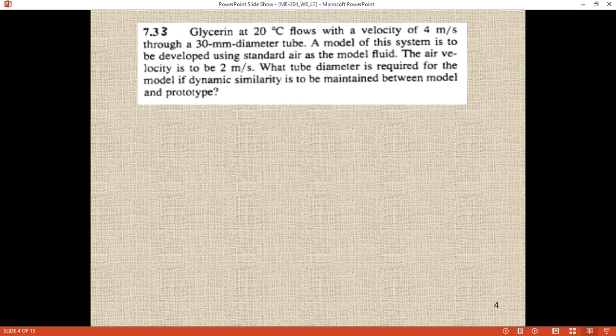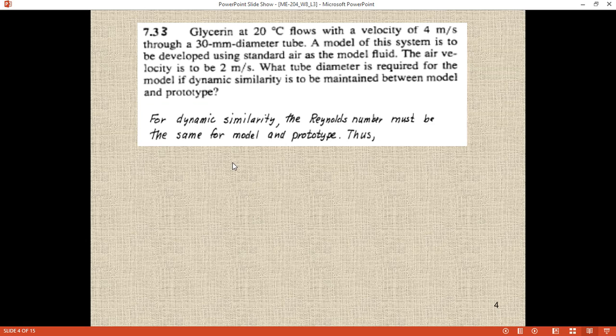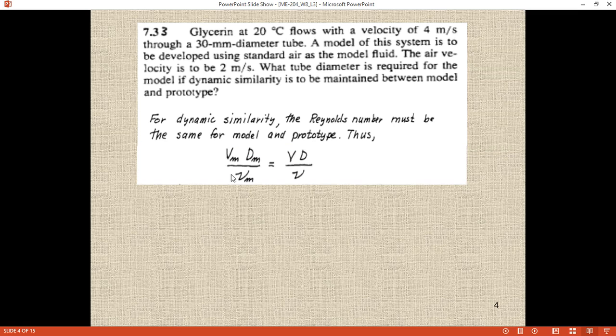Here, for dynamic similarity, the Reynolds number must be the same for model and prototype. This is the Reynolds number for the model, and this is the Reynolds number for the prototype, and this is the Reynolds number in the form of kinematic viscosity. We can also write this in the form of dynamic viscosity, but then you know that we have 4 variables.